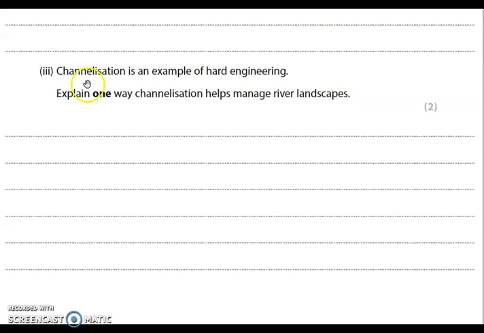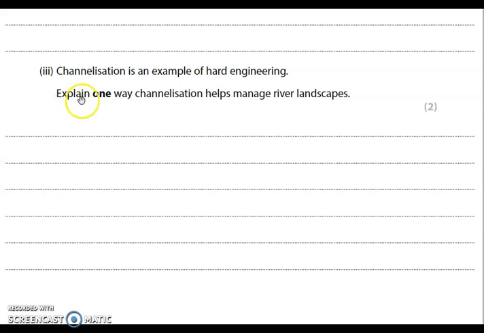Next, we move to an explain type question. Channelisation is an example of hard engineering. That's the background information. Explain one way channelisation helps to manage river landscapes. It's an explain question. We need to give reasons how, why. We need connectives such as this means that, this leads to, this creates, this causes, so that.